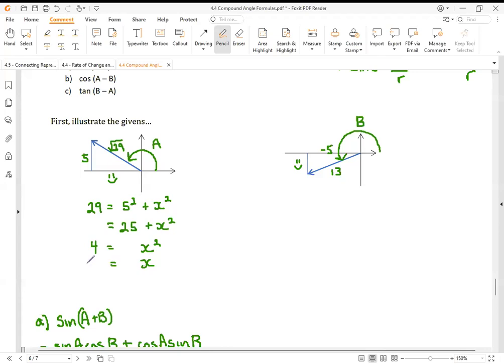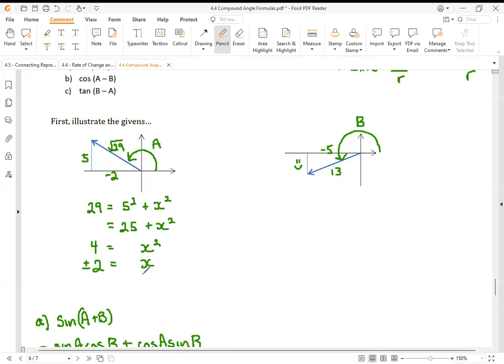So x is plus or minus 2. But one of them is obviously rejected. It can't be both. Being in quadrant 2, the x value would be negative. Right on. So that's a negative.